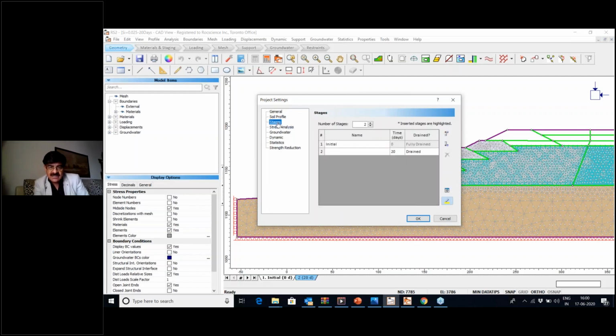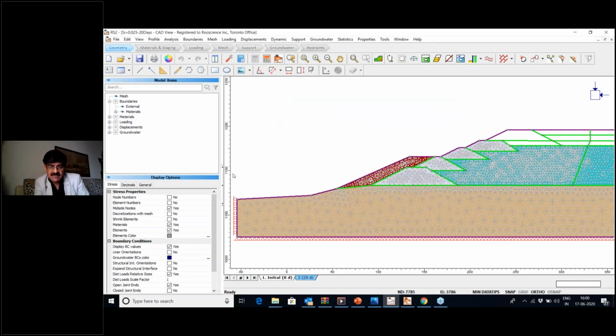And if you go to stages, you have two stages specified in this model: the initial stage and then the second stage, during which the embankment will be built. These two stages are seen at the bottom here. The initial stage is what you see now. If I click on this second stage, you see the yellow material, the embankment, has been built. So once again, initial stage where the embankment has not yet come, and the second stage where the embankment has come.